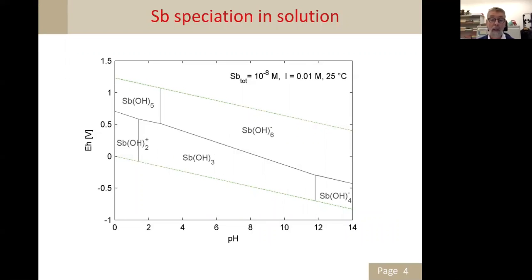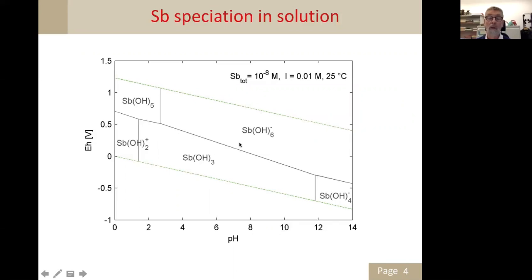And here you see the speciation diagram, with pH on the x-axis and the redox potential in volts on the y-axis. Above this line we have the Sb(V) form, antimonate, while below it antimony is primarily speciating as antimonite.